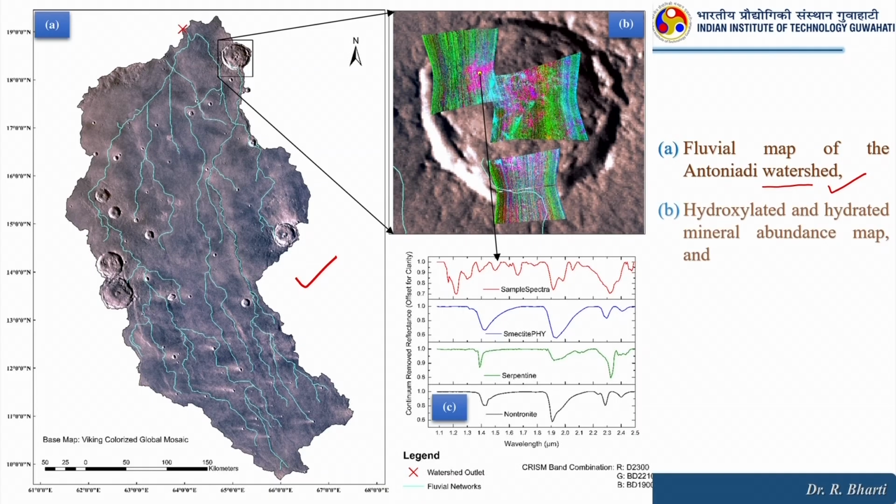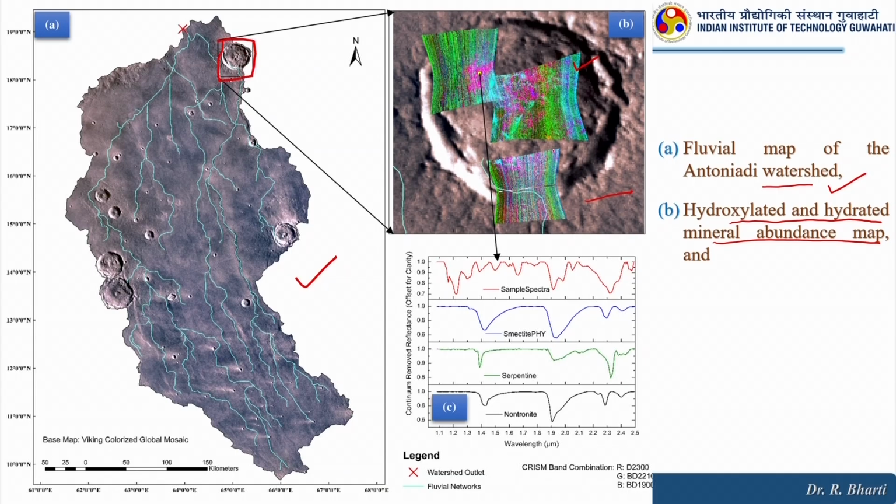The next part of this map says hydroxylated and hydrated mineral abundance map. So, this is basically the coverage of your CRISM data, because CRISM data coverage is 10 by 10 kilometer, and this is a huge crater. So, this is basically a zoomed part of this, right.